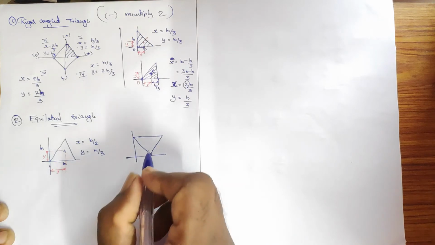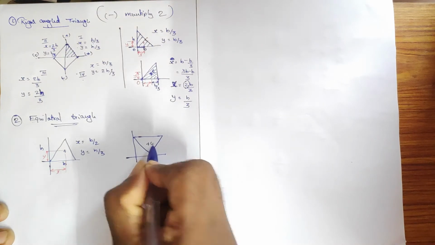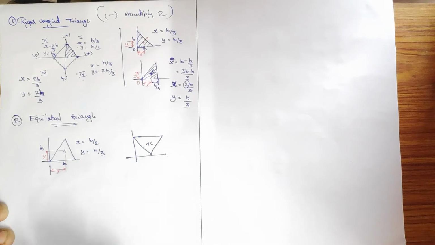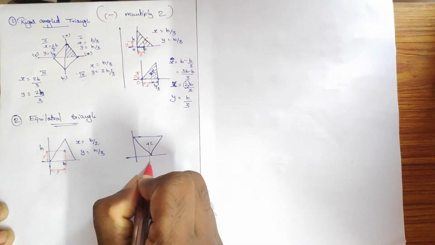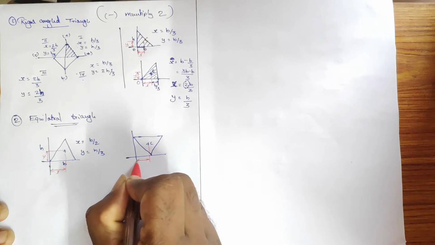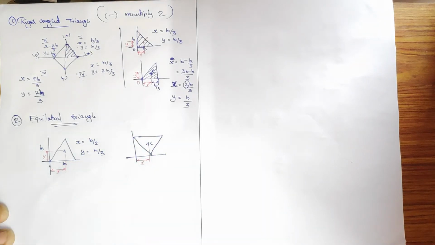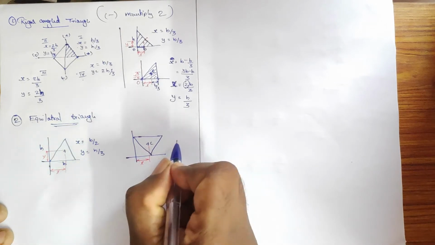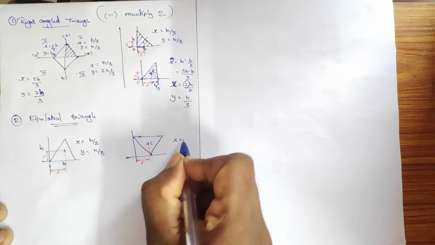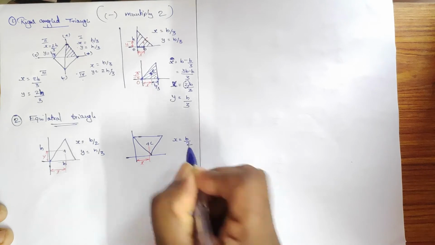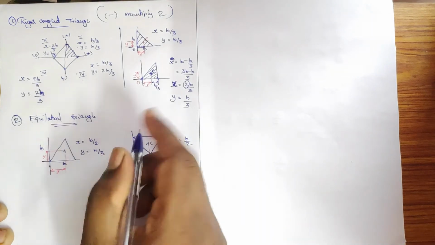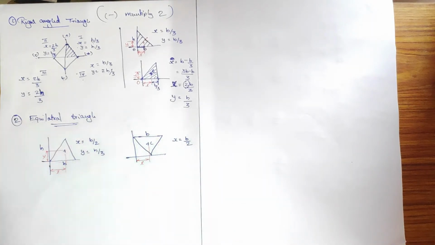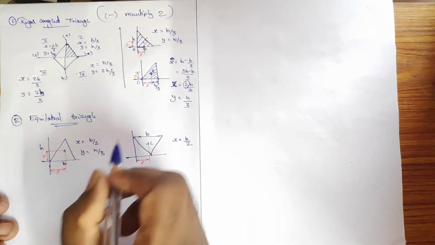See, here it is C, the centroid. So now I need to specify the x. For the x, the entire length is b, right? In a similar fashion it will be b divided by 2, right? Here the entire length is b, so on the x axis b divided by 2.